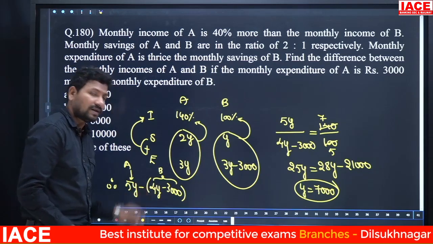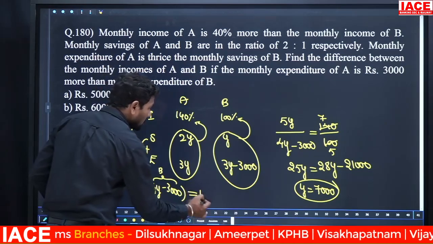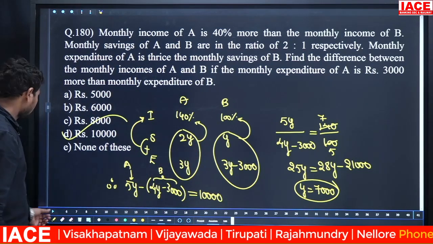Minus into minus is plus. It is equal to 7,000 plus 3,000. The value is 10,000. 10,000 means option D.